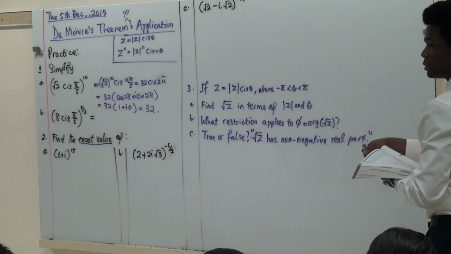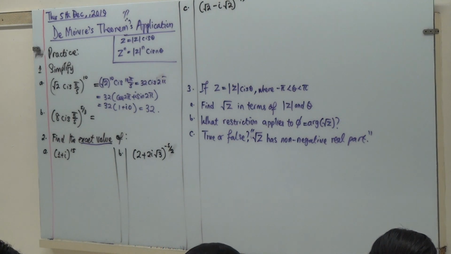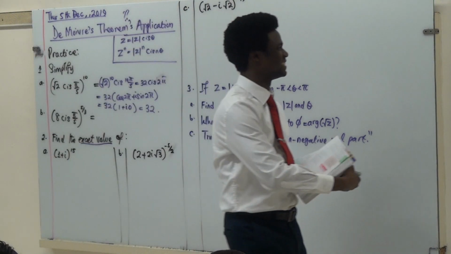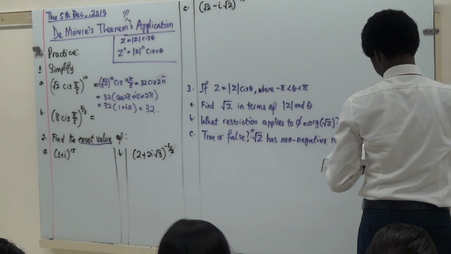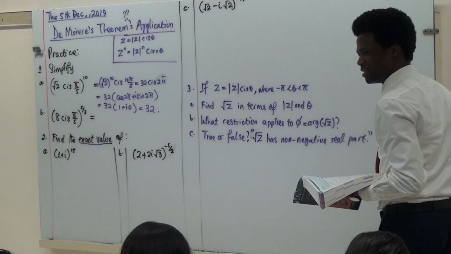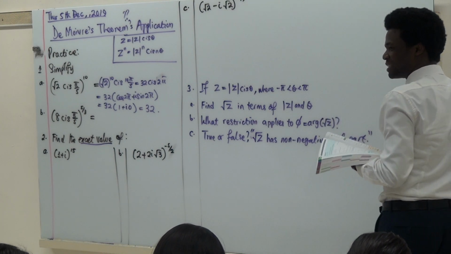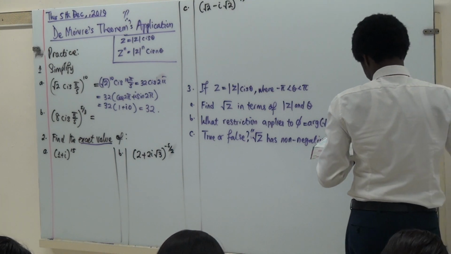Yes, yes. I got 128 minus 128i. Yes, that's correct. That's correct? Yeah? That's correct. Leo, you need to believe in yourself. It's like, wait, I don't think I'm right. Come on, check. You're right.